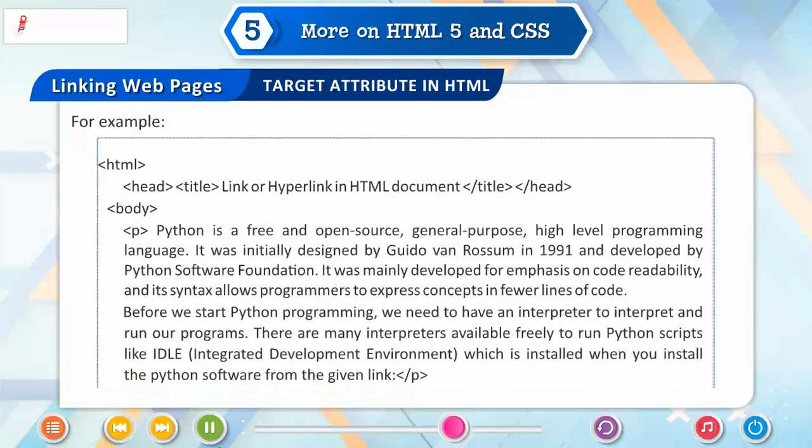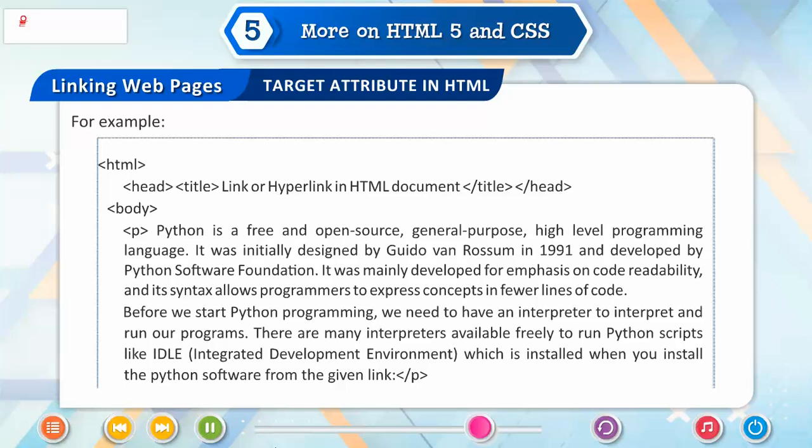For example, open HTML tag, open head tag, open title tag, link or hyperlink in HTML document, close title tag, close head tag, open body tag, open paragraph tag. Python is a free and open source, general-purpose, high-level programming language. It was initially designed by Guido van Rossum in 1991 and developed by Python Software Foundation.